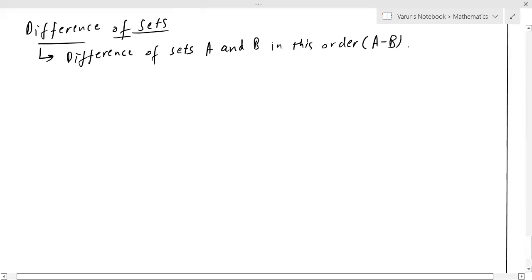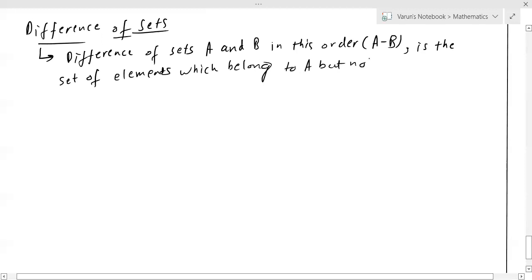So A minus B is the set of elements which belong to A but not to B. I think it is easy to write that A minus B is equal to X, where X belongs to A but X does not belong to B. Clear?